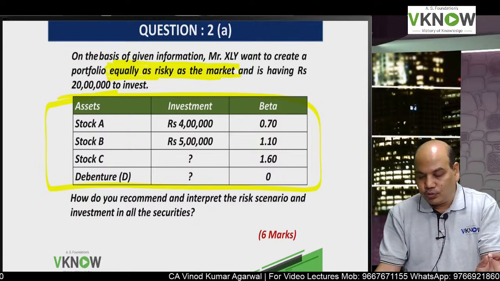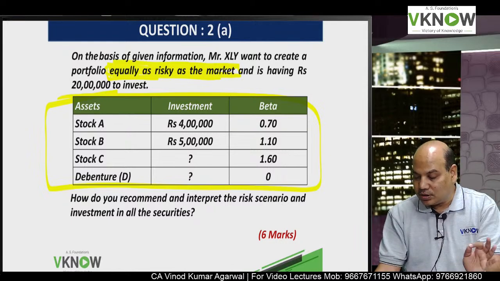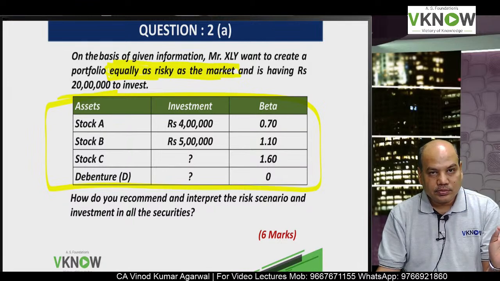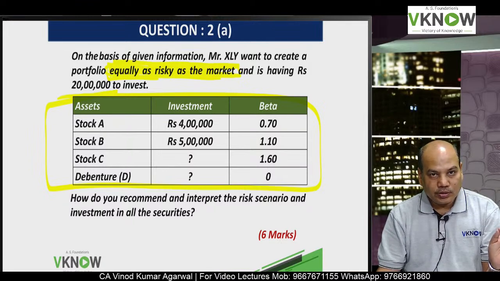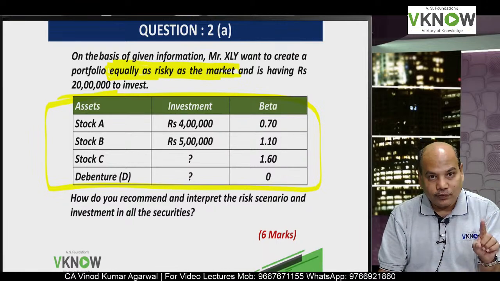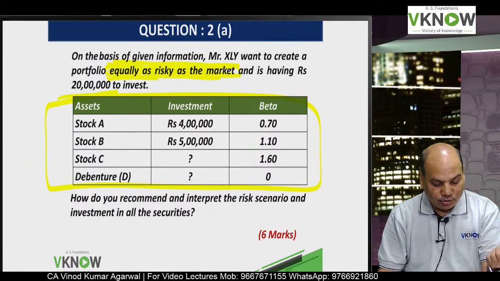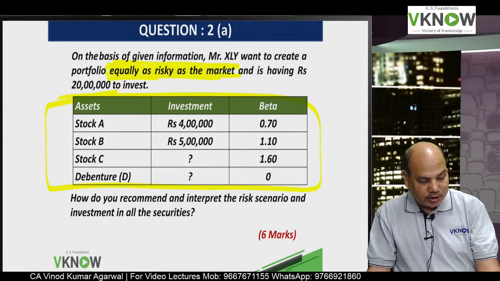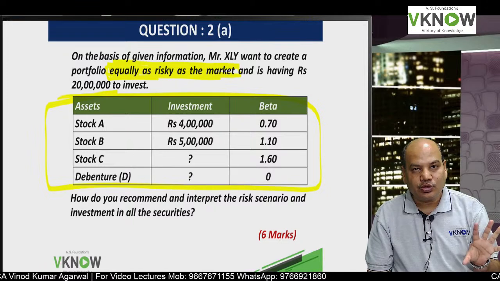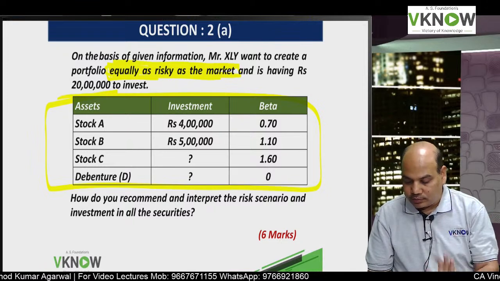The portfolio risk should be as risky as the market. So portfolio beta should be same as market beta, and all of you know market beta is 1. Is it right? So therefore the portfolio beta should be also equal to 1.